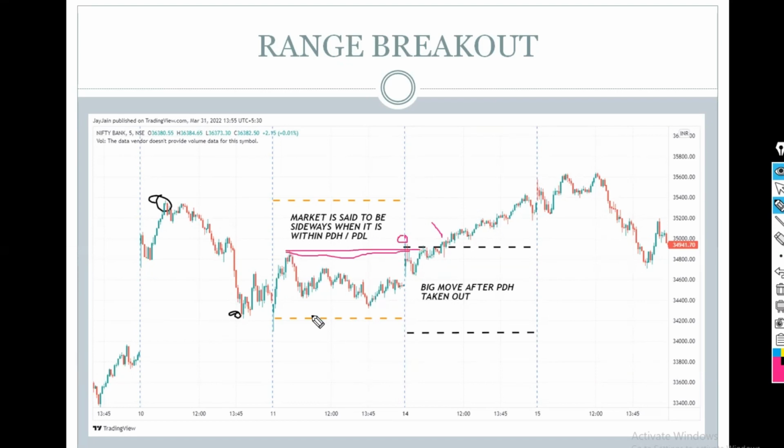This level does not change, and that is why it has a lot of significance, because when you draw a trend line, it is different for every type of trader. And hence, the good part about previous day high, previous day low, or even previous day close, is that these important points are always going to be the same for all the traders present in the market. I hope this point is pretty much clear.